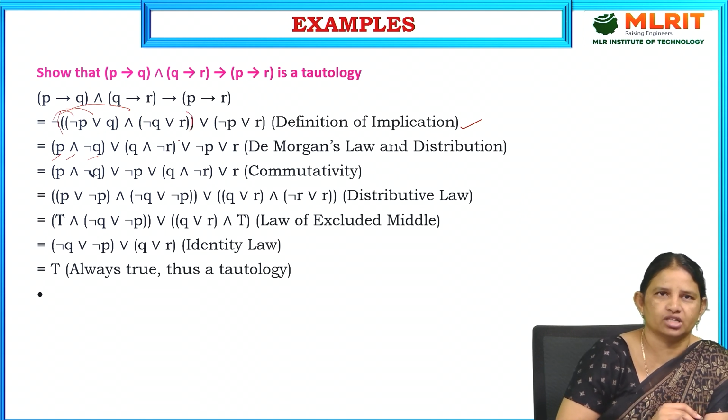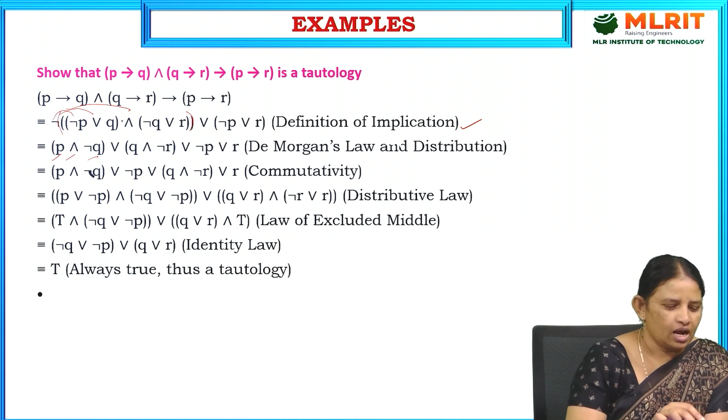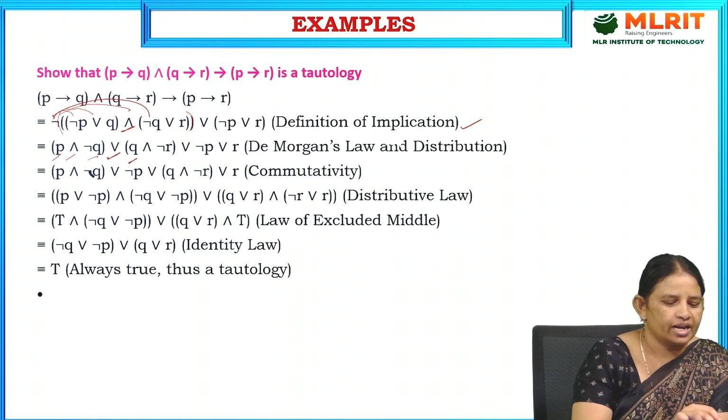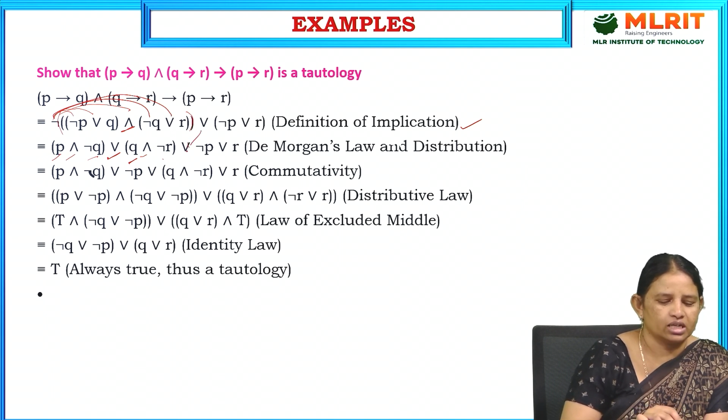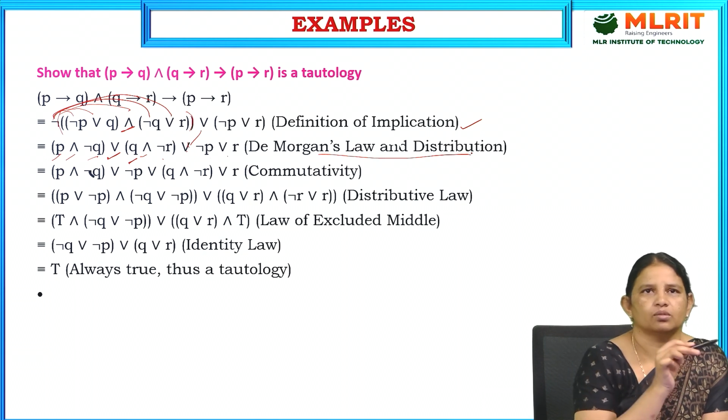Apply the negation for the inside of the proposition. It becomes 1 parenthesis only. Again negation of and becomes or. Negation of negation Q becomes Q. Negation of and becomes or, negation of or becomes and. The remaining statement, write as it is. Or is there, negation P or R. That is the De Morgan's law.